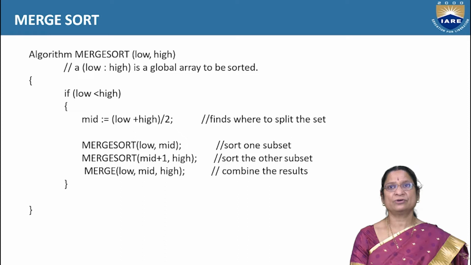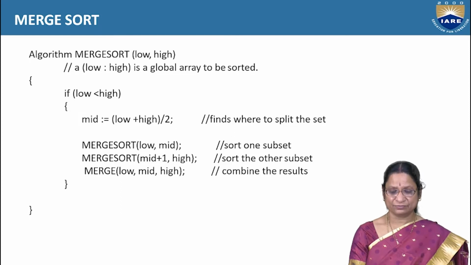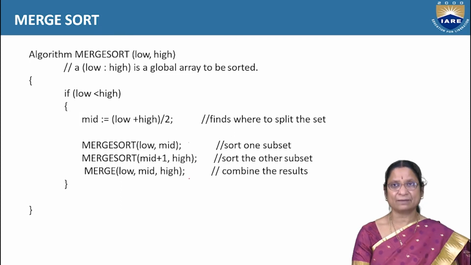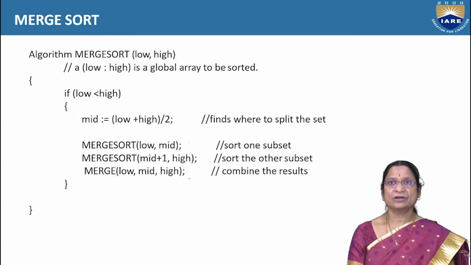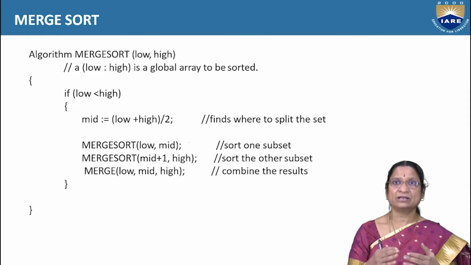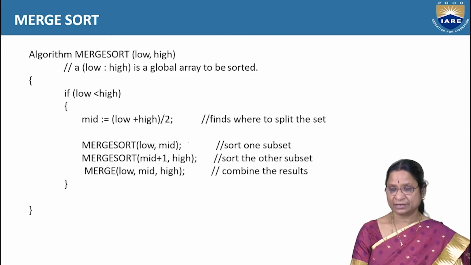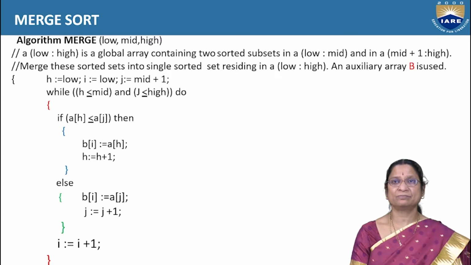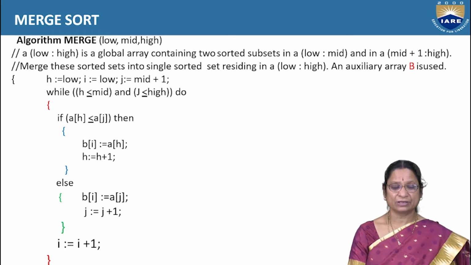Merge sort we call again on low to mid and mid plus 1 to high, and combine the result. Sort one subset, sort another subset, combine the result. Combining the results will happen after completion of this division process. Please remember, this is recursion; the merging process is going to be done after completion of the division actually.